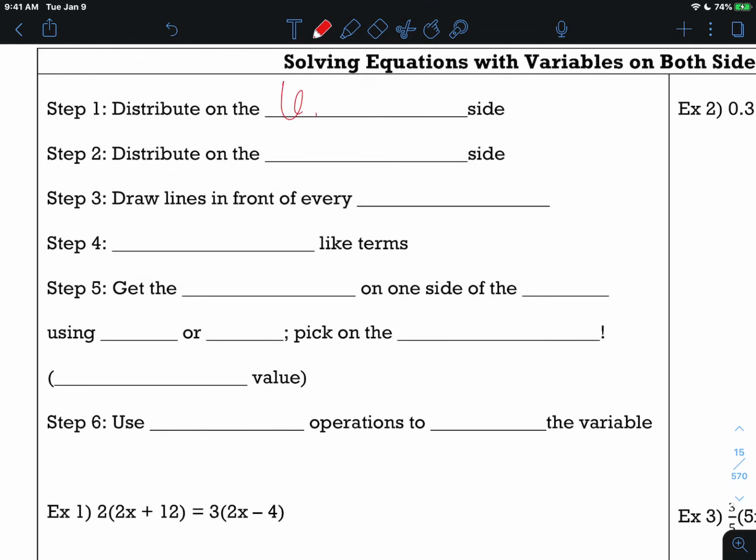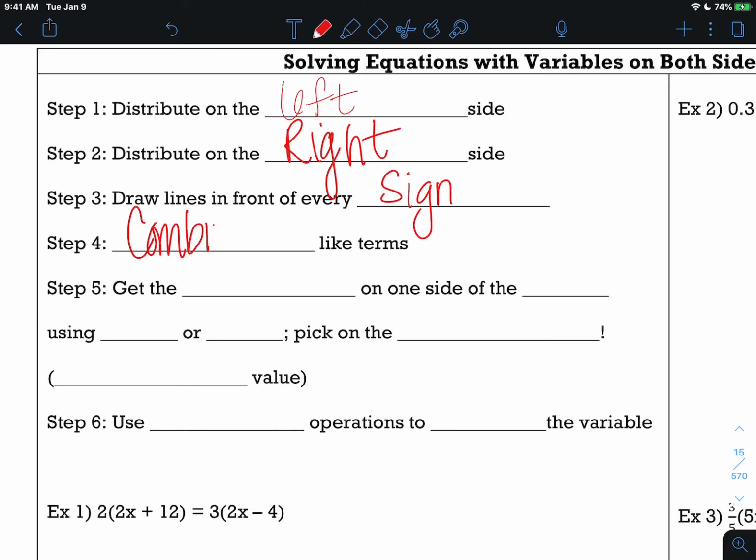First, I want to distribute on the left. Then I want to distribute on the right. We can draw lines in front of every single one of the signs, so in front of every plus, every minus. Combine like terms.